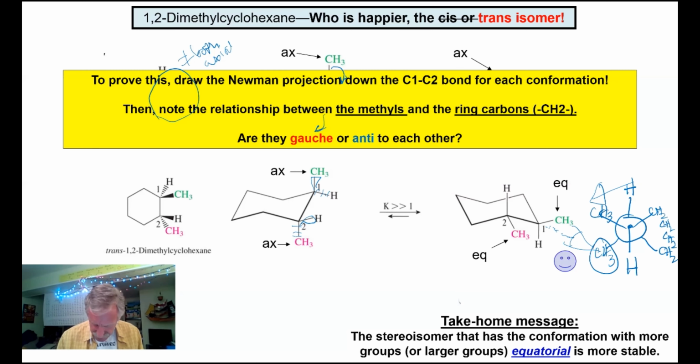And so this equatorial back methyl is anti to the front carbon's part of the big bulky ring. There's why equatorial, again, is a favorable thing. So please keep using Newman projections to help show how two groups can actually prefer to be equatorial.